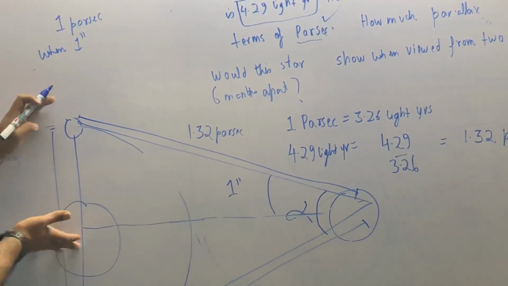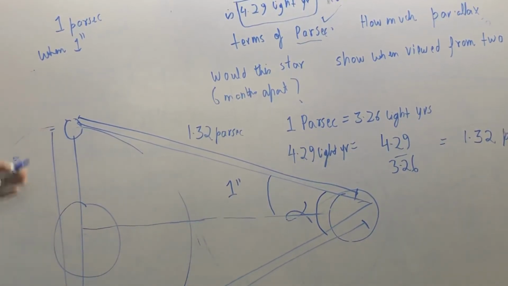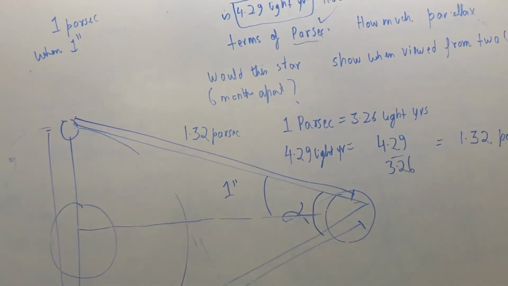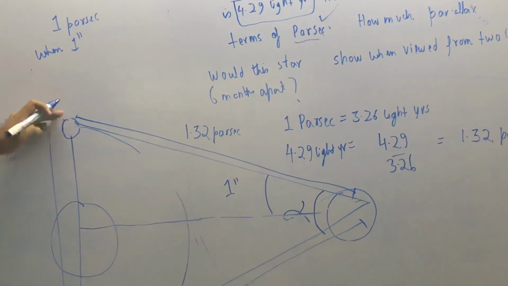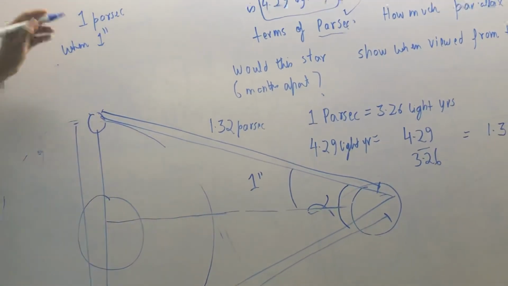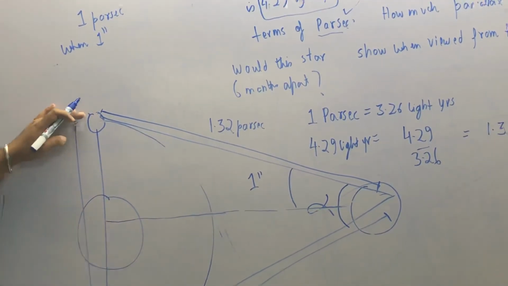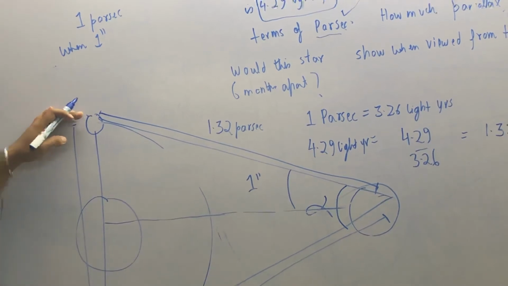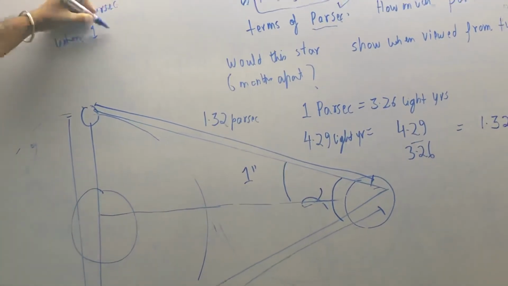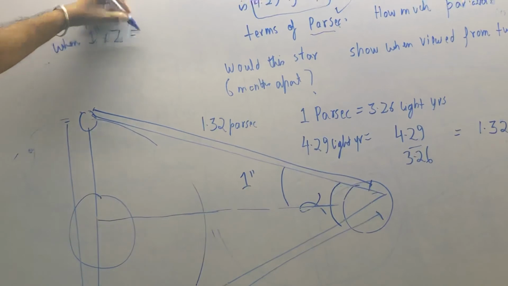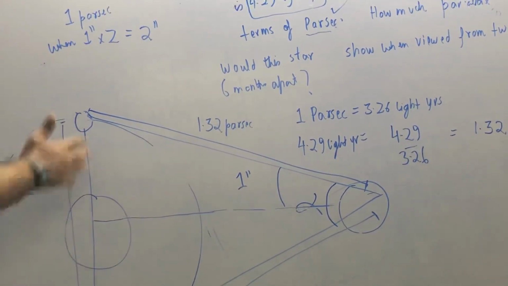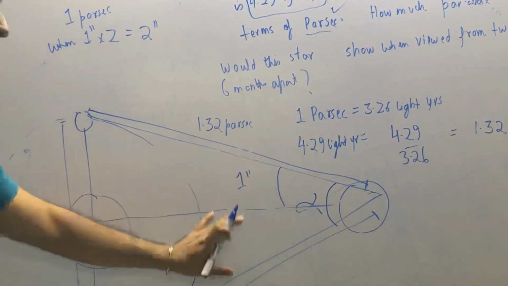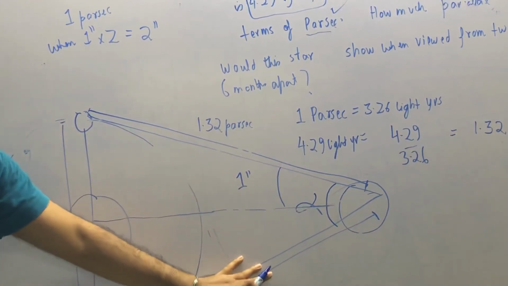But here the question is talking about this much distance, the two locations 6 months apart. So 1 parsec subtends this much angle at this much distance. What will be the angle at twice this distance? It will be multiplied by 2. That will be 2 seconds at the locations 6 months apart. If this is 1 second, this will also be 1 second, right?